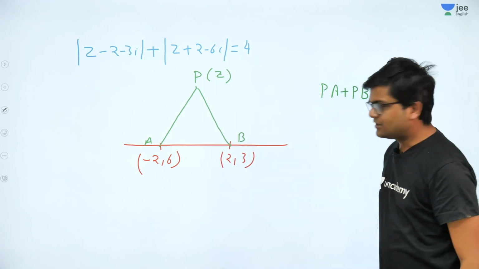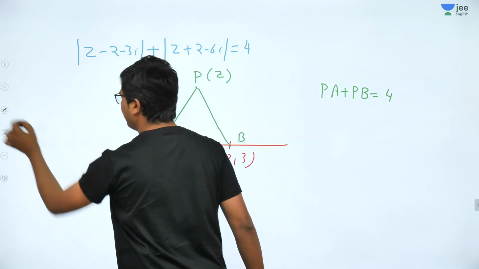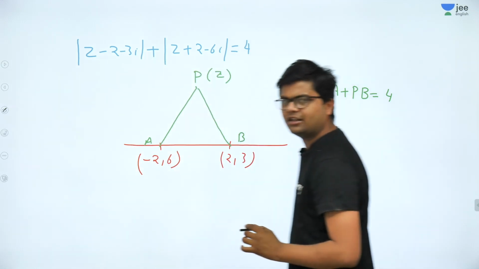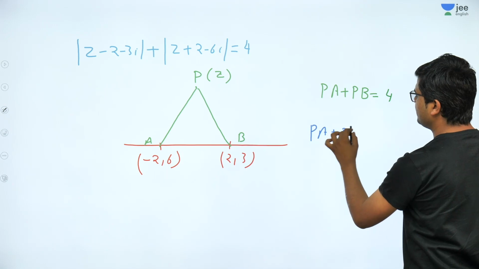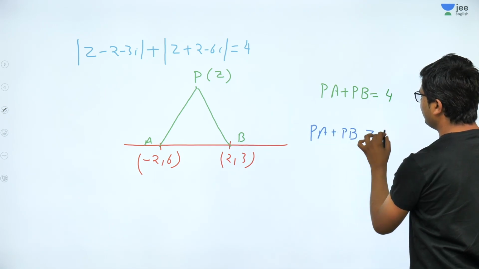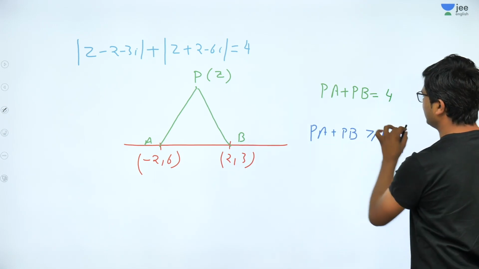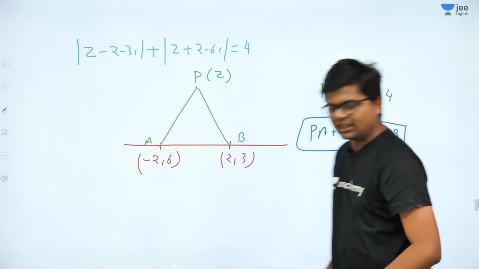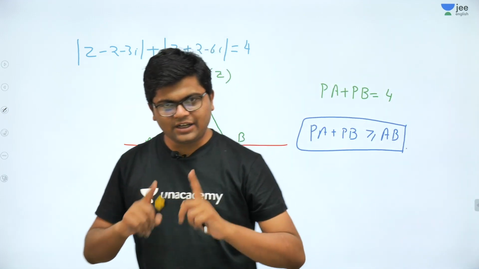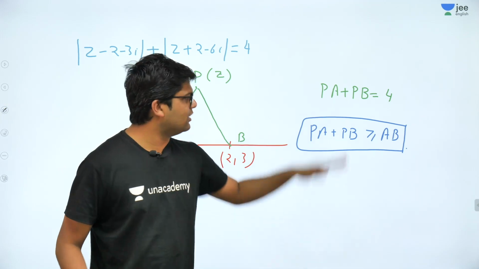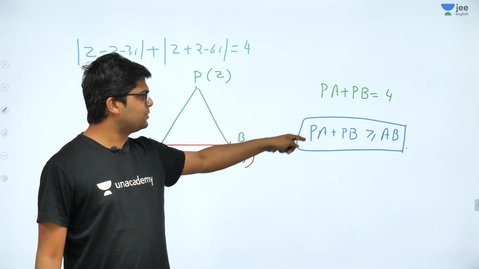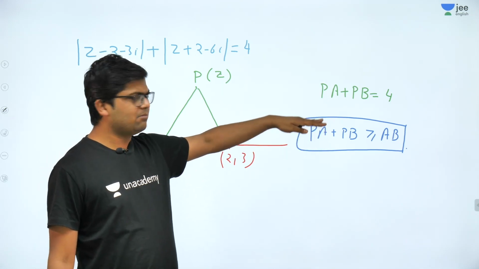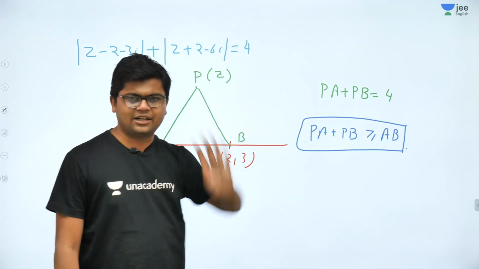Got my point? I have a very basic understanding of geometry, that in a triangle, the sum of two sides PA plus PB will always be greater than or equal to the third side. If it is a triangle, then it will be strictly greater than. If it ceases to be a triangle, then equality will hold. But under any situation, the sum of two sides PA plus PB will be at minimum equal to AB, otherwise greater than AB.